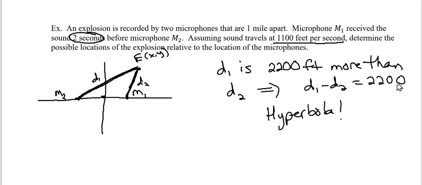We also know that when that's a hyperbola, that number is actually equal to 2a. And the reason we know that is because this distance and this distance are both a, right? And so if this explosion was right here, let's say the explosion was right at microphone 1, well, we have to go that 2,200 feet. So the distance between them is 2,200, or this is 1,100.